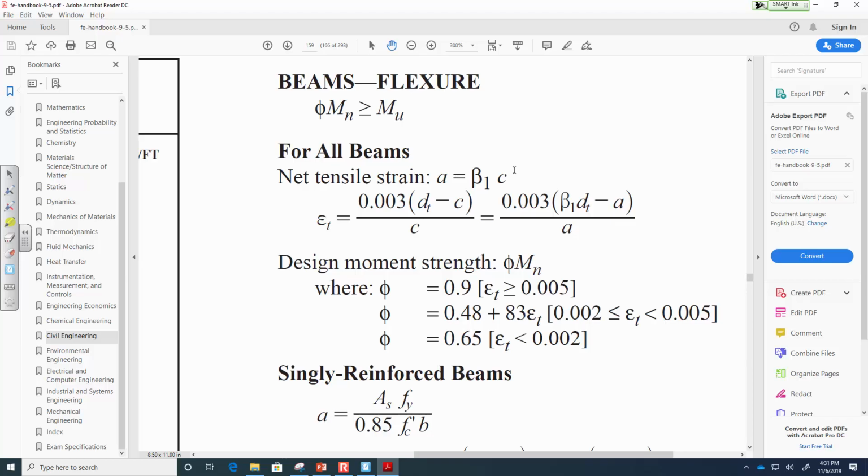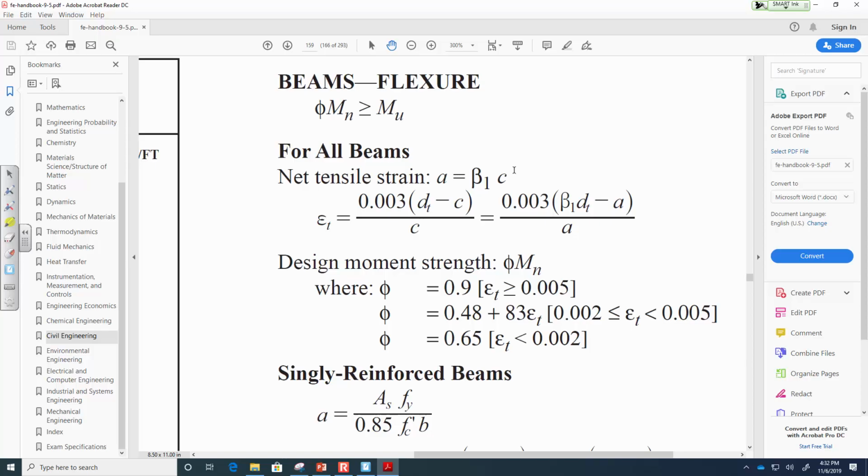The strain check is saying you go to the very bottom, so that's d sub t, to the very bottom. But in all seriousness, I would wager that your likelihood of having to deal with a beam that has multiple layers of steel is probably pretty low. So it's the same.